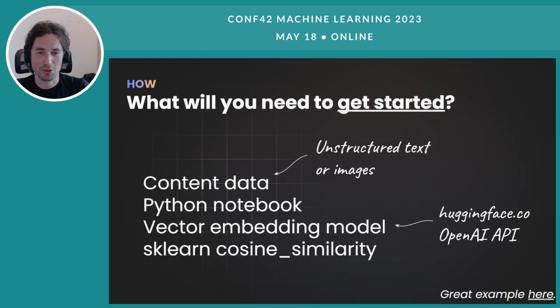And then finally, okay, so you have your content, you have the vectors that represent the content, and you want to find similar vectors to see, okay, for this image, which ones are similar. You don't need any extra infrastructure for this. There's a bunch of libraries in Python like sklearn that has built-in cosine similarity.